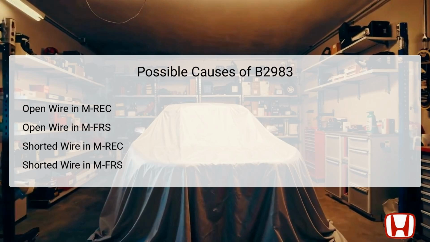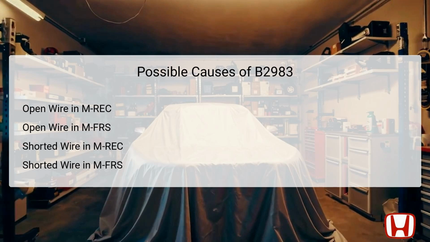An open wire defect in the M-REC line could disrupt communication between the recirculation motor and the climate control unit. Similarly, an open wire in the M-FRS line would hinder the motor's functioning. The M-REC line is vital for the recirculation control motor's operation, while the M-FRS line impacts wiring related to the fan relay system.